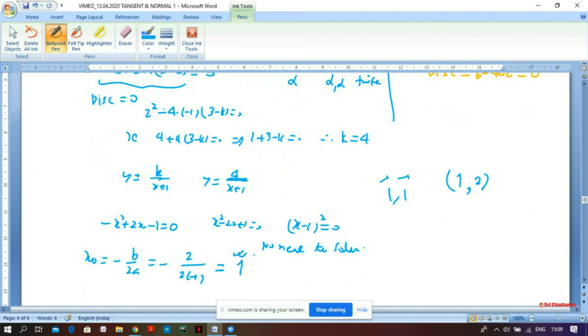X naught is again 1, and once x naught is 1, we get y naught, that is 3 minus x naught, that's 2. So we have done this problem, finding k such that a given line becomes tangent to the given curve. So find that k.